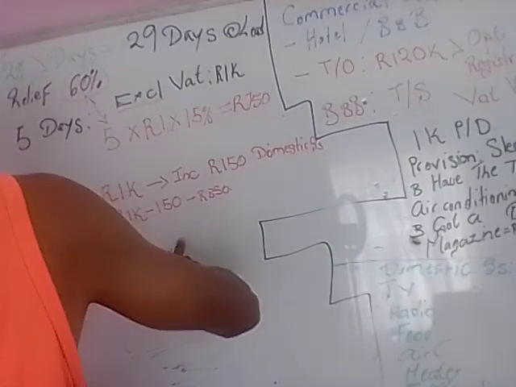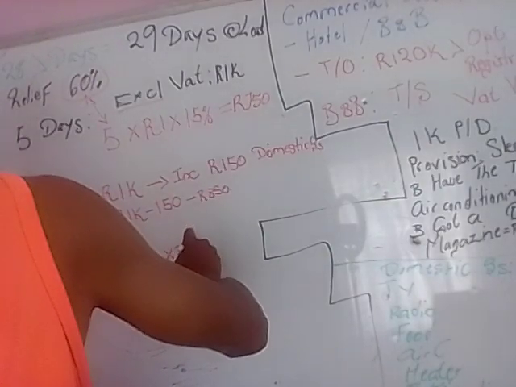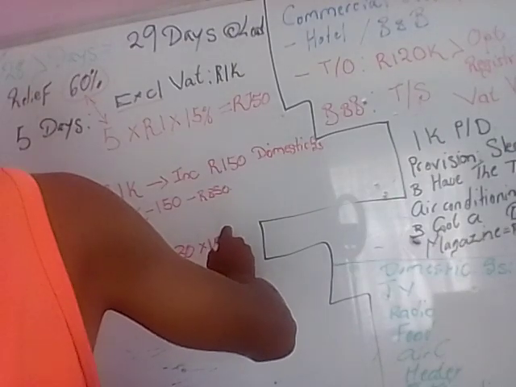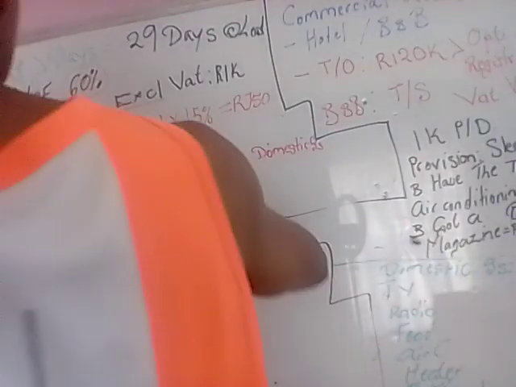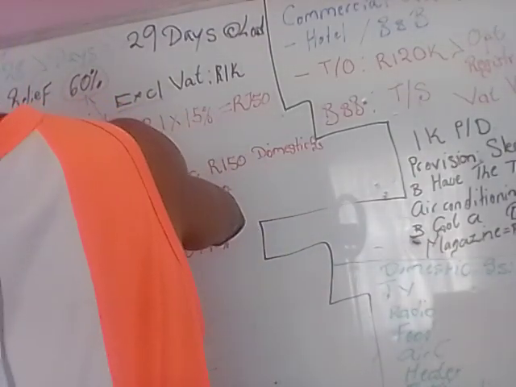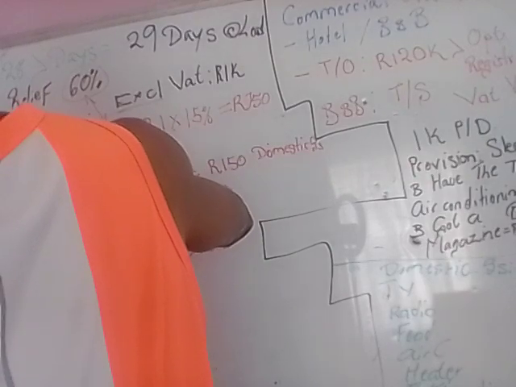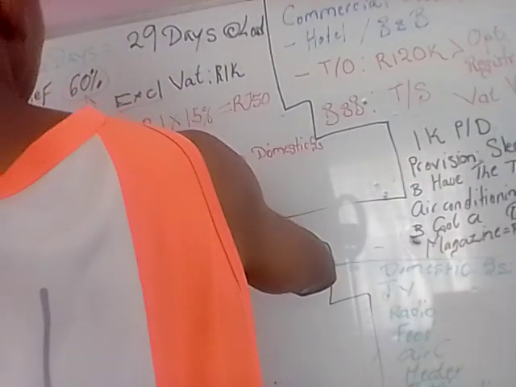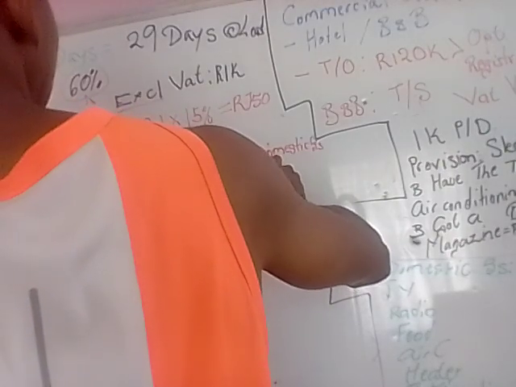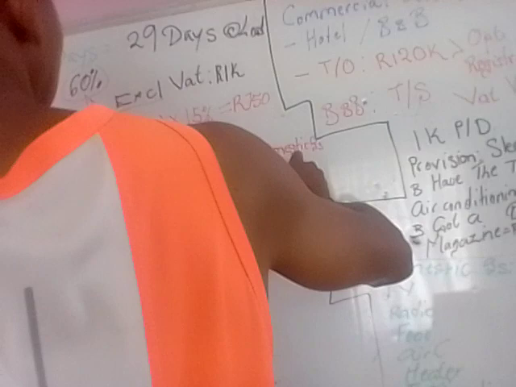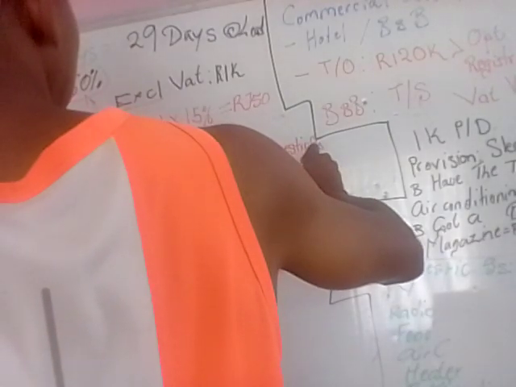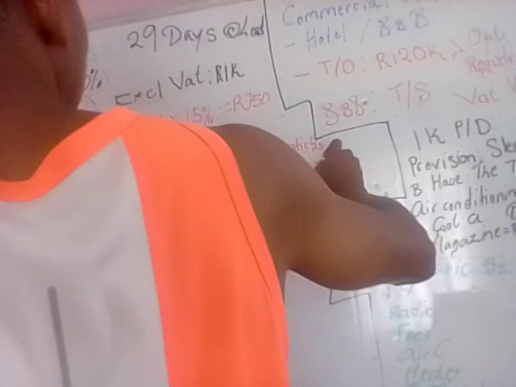Let's write the same for 30 days times 15%, which is the VAT rate. In this situation we have the 150 eliminated from the 1,000 rands, which gives us 850, and this 850 we multiply by 30 days, then by 15%, then by 60%.